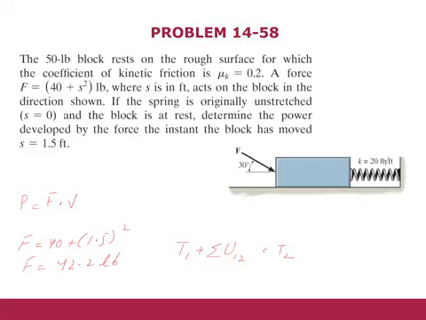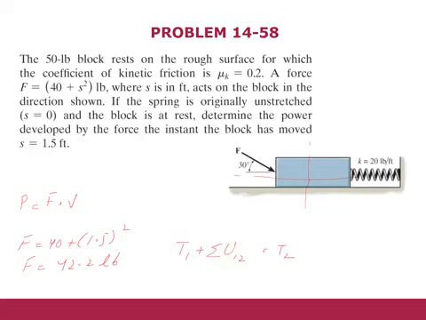For calculating the work done by all the forces, we have to draw the free body diagram and see what forces are acting on our block. Then the initial and final kinetic energy will be needed.